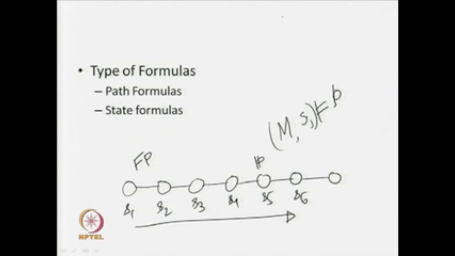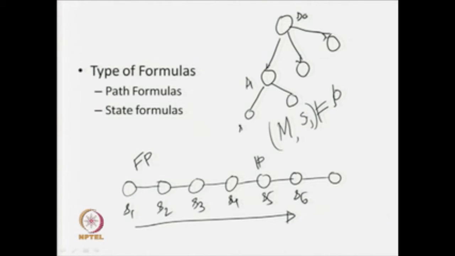Now, in case of branching time, what will happen? We have a state S0, and depending on several conditions, time may branch out in several different positions. If I come to S1, depending on the input combination or state of the system, it can proceed to either S2 or S3. Now, when we talk about state S0, we have to see all possible combinations.